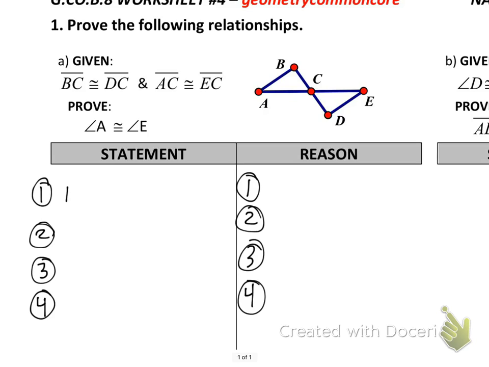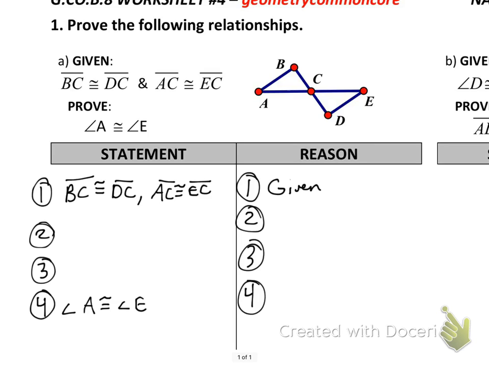BC is congruent to DC, and AC is congruent to EC. Those are given. And we also have our proof statement at the very bottom. I'm going through this quickly because we've done enough stuff like this. You should be able to do that much of it.